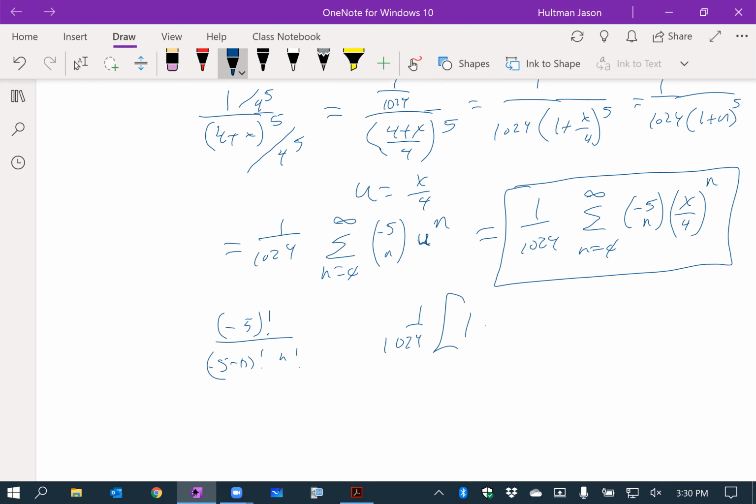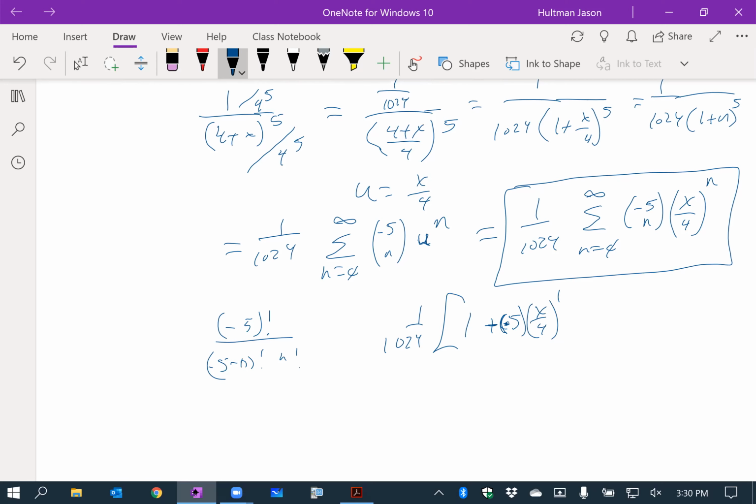This is going to give you plus negative 5 times x over 4, because that's just to the first power.